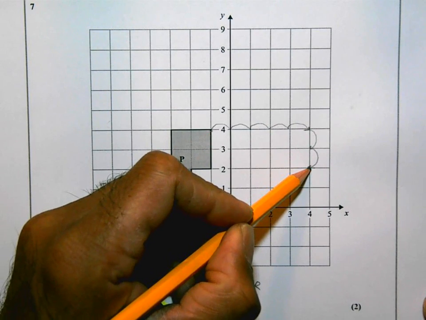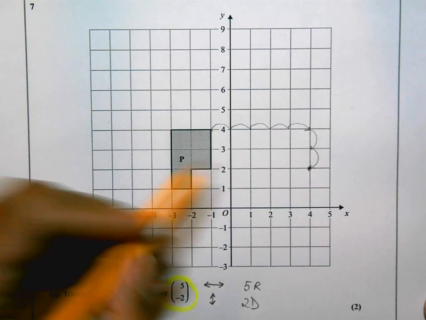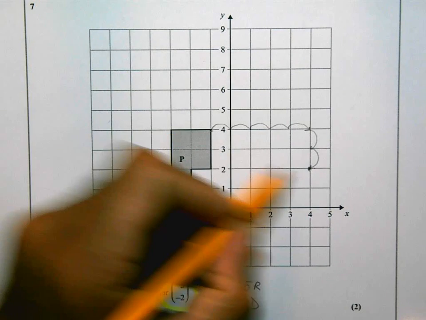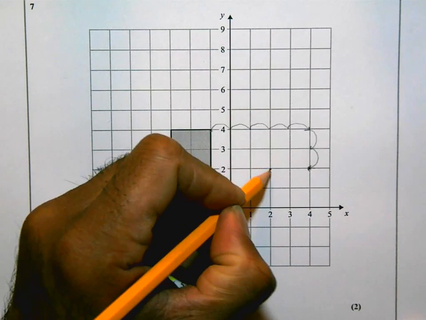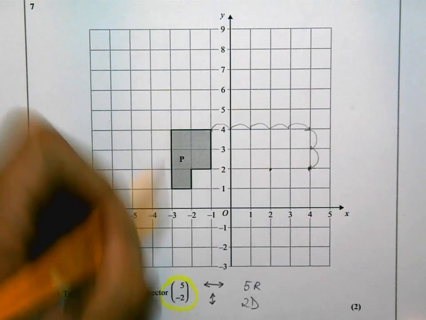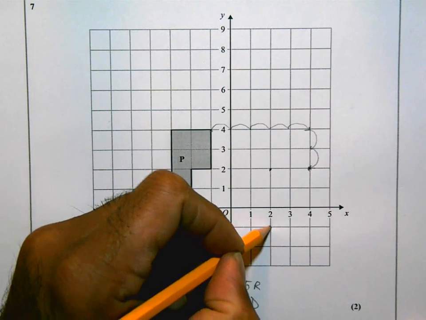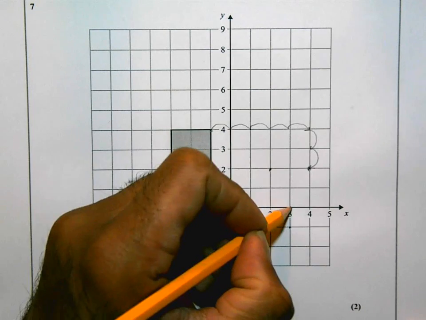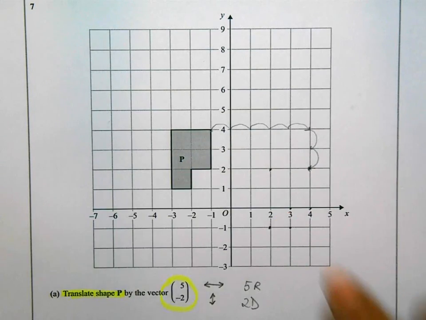Because I'm over there, that means this corner of the shape is now going to be over here. And because this corner of the shape is here, I'm going to just simply look at the rest of the corners. So I need to go 2 that way to get to that corner, and 3 down to there, 1 across, 1 up, and 1 across. So just drawing the rest of the shape.